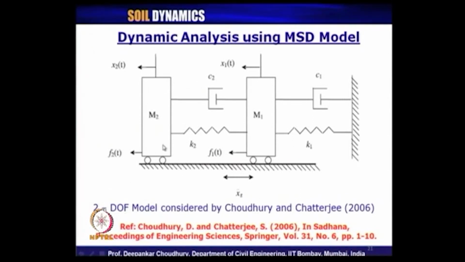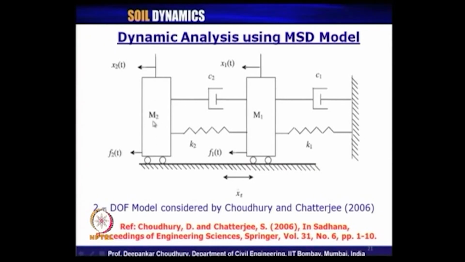Why? This is the rigid wall, and this is the mass of the soil which is participating during the failure of the wall. So, the soil and wall have different properties, of course.